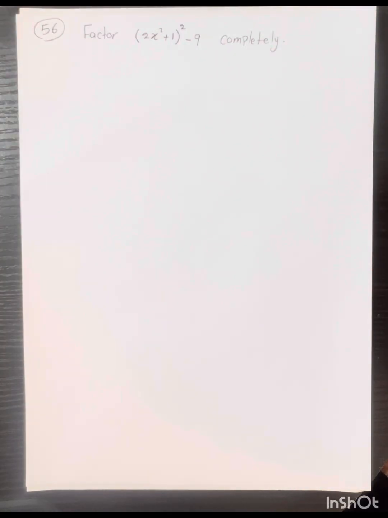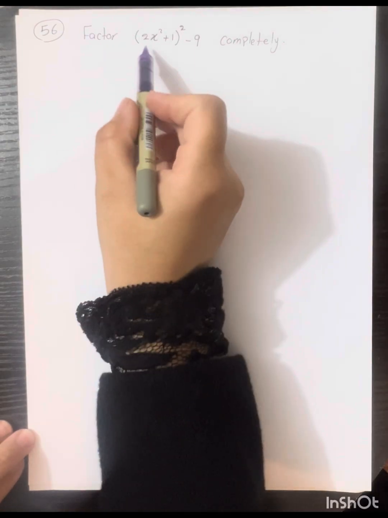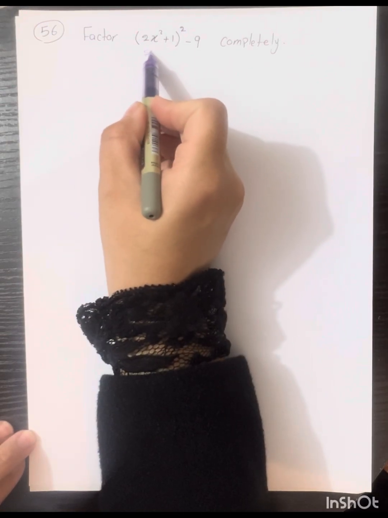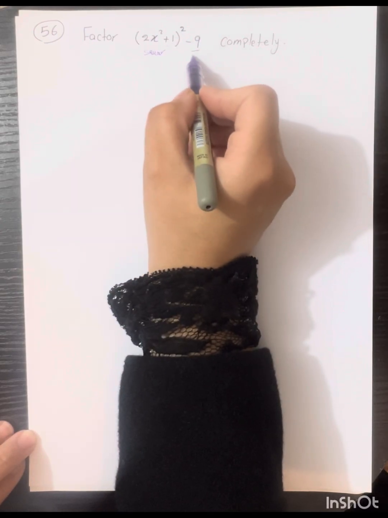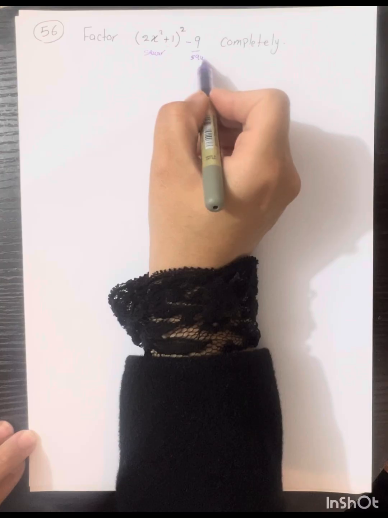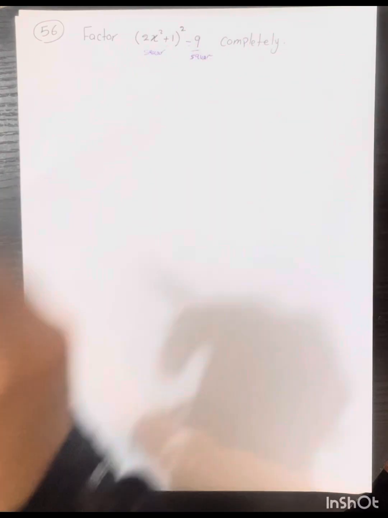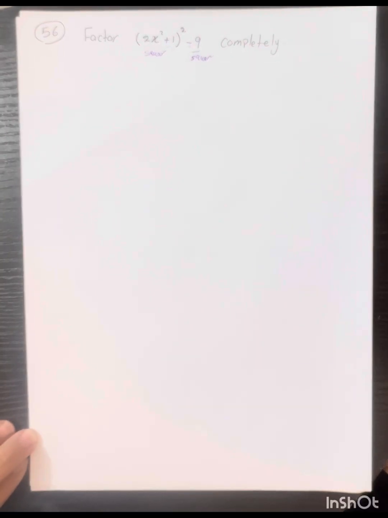Another question. The question says factor bracket 2x power of 2 plus 1, all power of 2, minus 9. As you see, this is a square. Again, this is also a square, and minus between them. So this is a difference of 2 squares.